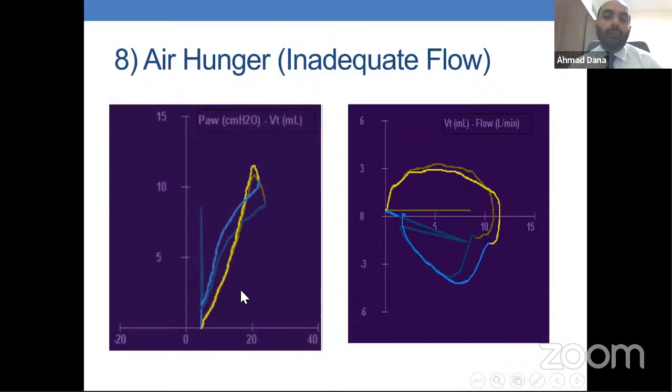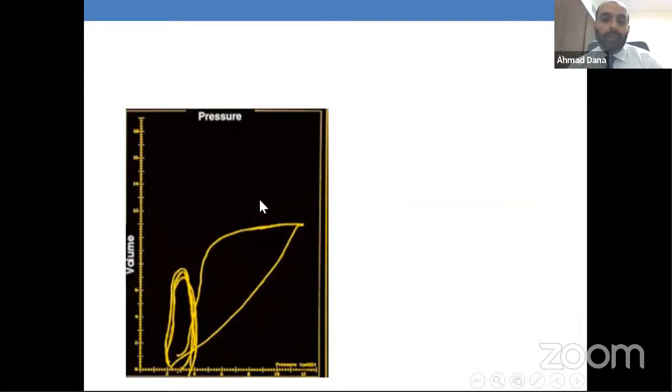There is not enough flow of air going to the baby. So if you see the figure of 8 in the pressure volume loop, this means that you have inadequate flow. This means that you have inadequate ventilation, and this is an indication of increased work of breathing and air hunger. Again, the same.